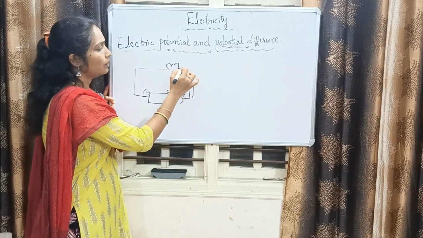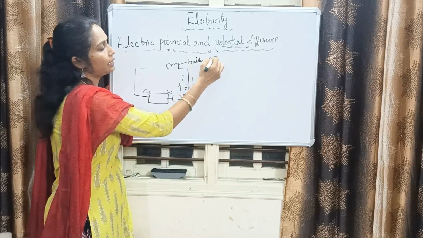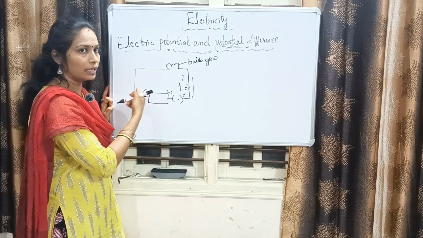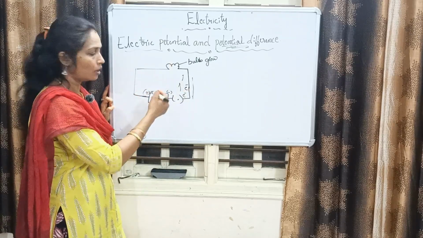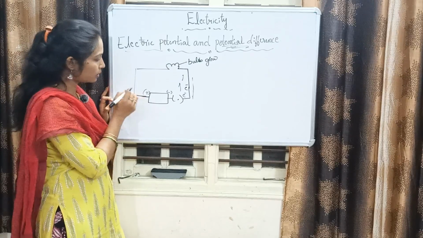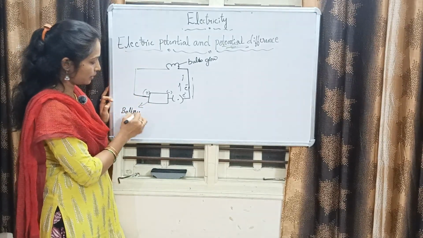Electrons should move, then only the bulb will glow. Am I right, guys? The electrons should move whenever the switch is closed. The electrons should move only with the help of energy. So what is that energy, guys? That is nothing but the battery.